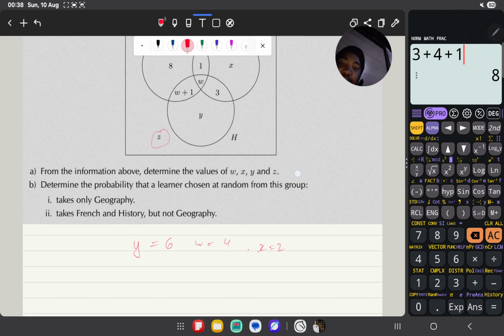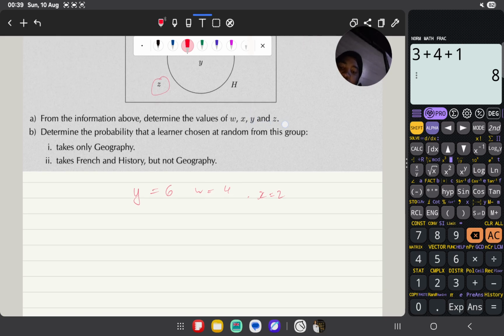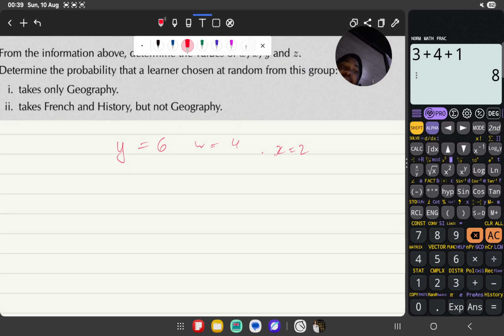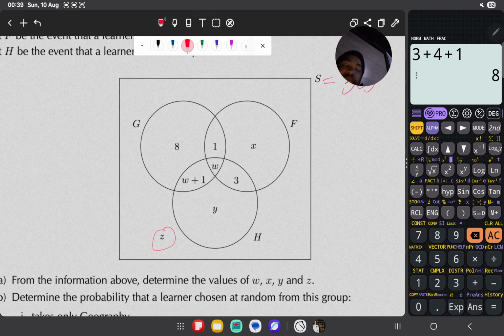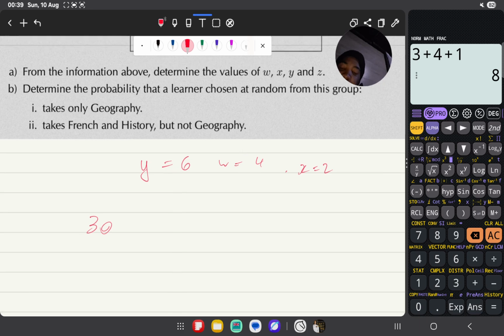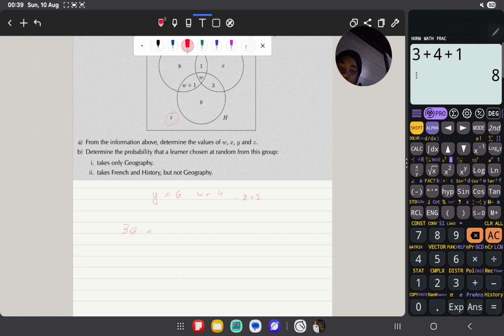So that means I can say 30, because I know that if I take every number inside my square or rectangle, the total number that I should have is 30, right? So I'm going to say 30 equals, and I'm going to add all of them.